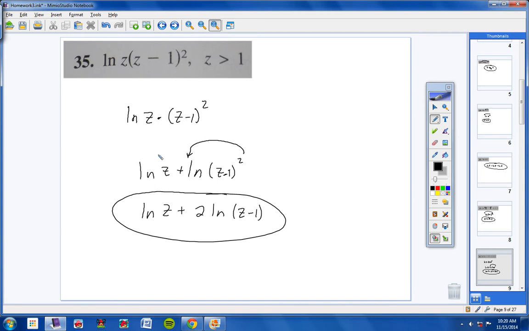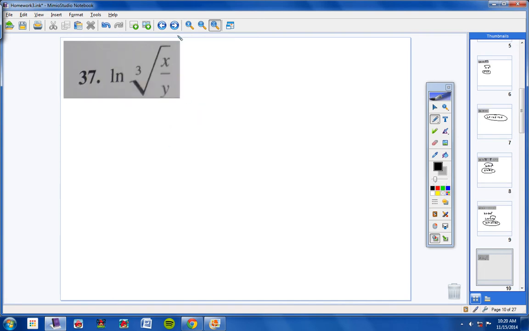Moving on to number 37. Okay, now look, the exponent of the x is 1/3 and the exponent of the y is 1/3. So you really have the natural log of x to the 1/3 over y to the 1/3. Now you have an argument that's being divided. You have an argument that is a quotient.